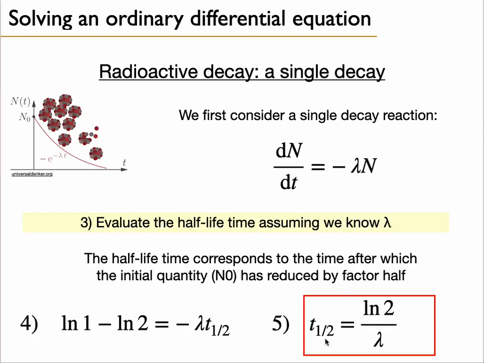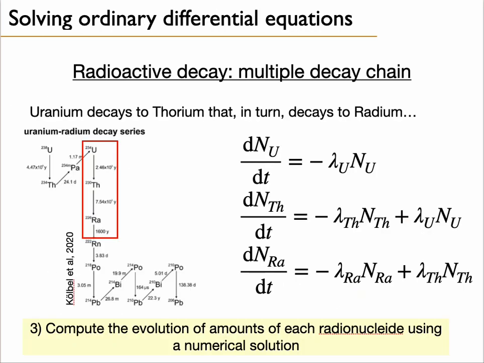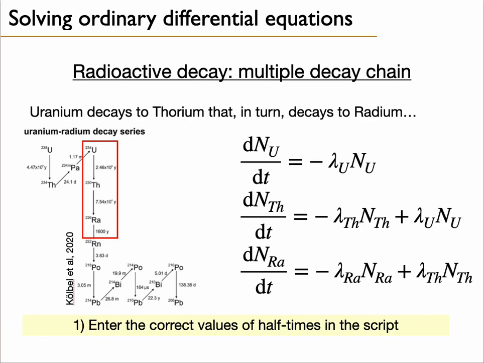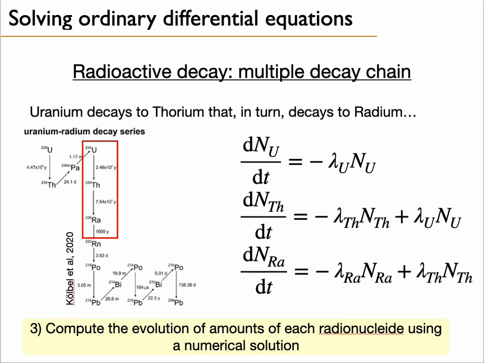We have derived an expression for the relation between lambda and T half a few slides before. So you will need to use this solution. And then you will compute the evolution of the amount of each radionuclide using the numerical solution.